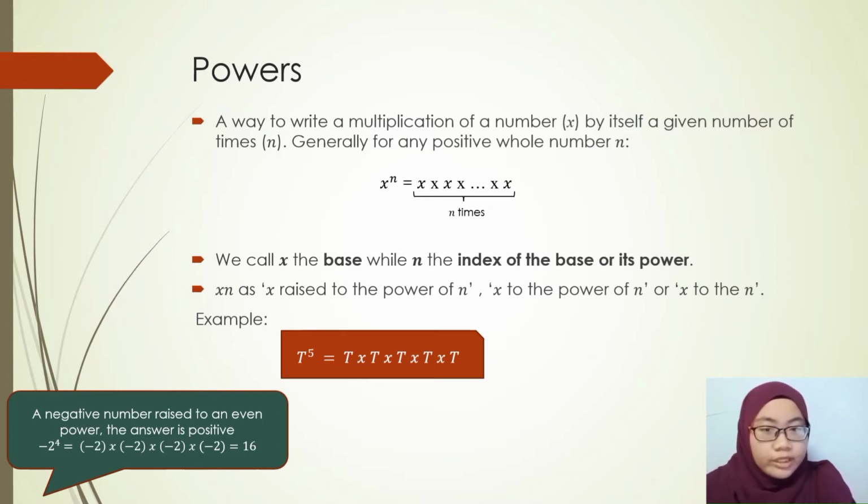It is worth noting that when a negative number is raised to an even power, the answer is positive. For example, negative 2 to the power of 4 equals negative 2 times negative 2 times negative 2 times negative 2, which equals 16.